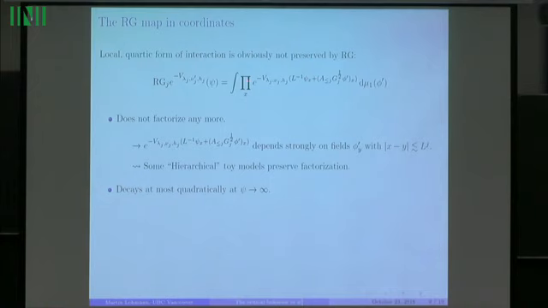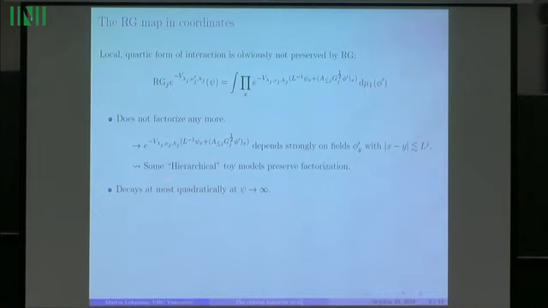Local means that you have this perfect factorization, that your e to the minus v is a product over x of e to the minus v at a single spin. But now I diagonalize my covariance here. Now every factor for a given x depends actually on all the integration fields, phi y prime, that are within distance about L to the j from it, and so they will all be coupled together. So the factorization is not preserved.